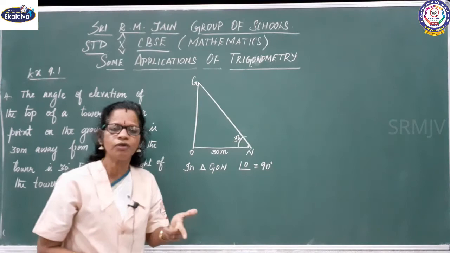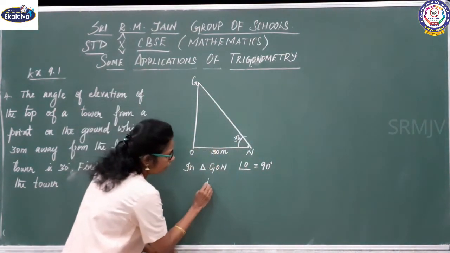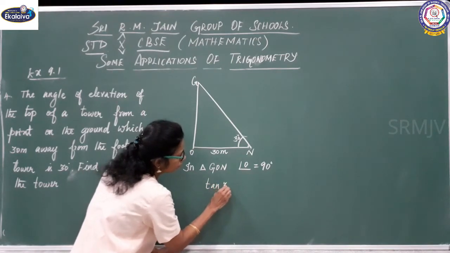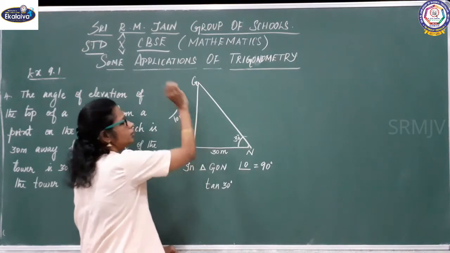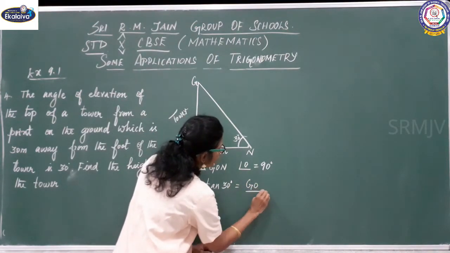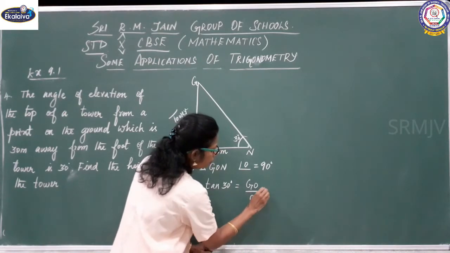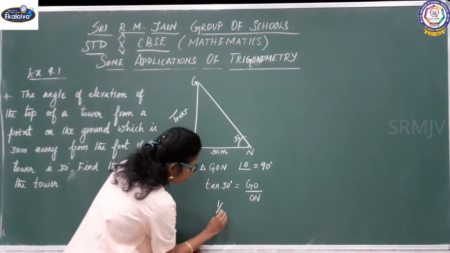So which trigonometry function is useful? Tan theta, right? So tan 30 degree equal to, this is our tower, right? Tan 30 degree equal to GO divided by ON. What is tan 30 degree value? 1 by root 3.